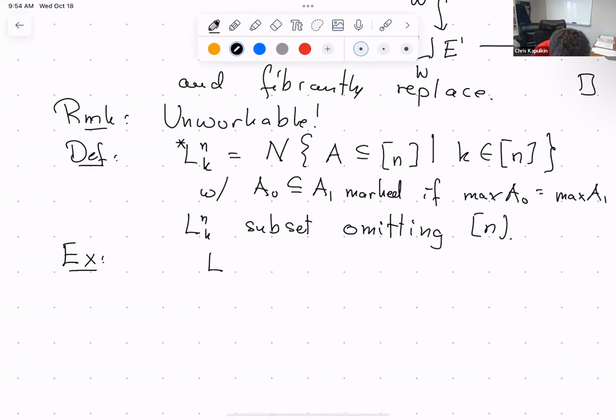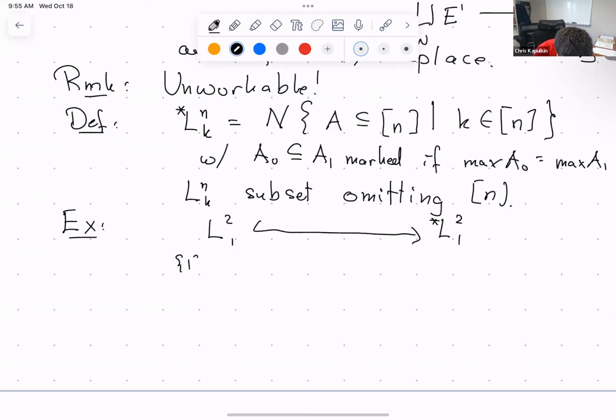Let's do an example or two. The first one is L21 into L21 star, which hopefully will look familiar once we draw it. What are the subsets of the set 0, 1, 2 that contain 1?